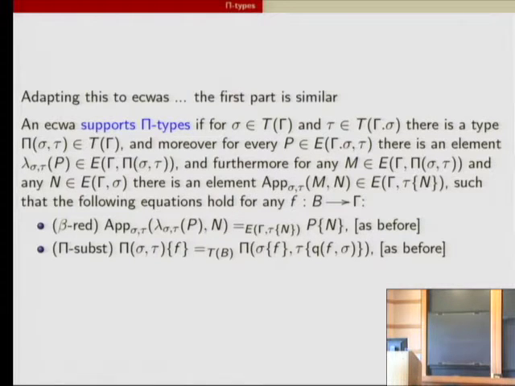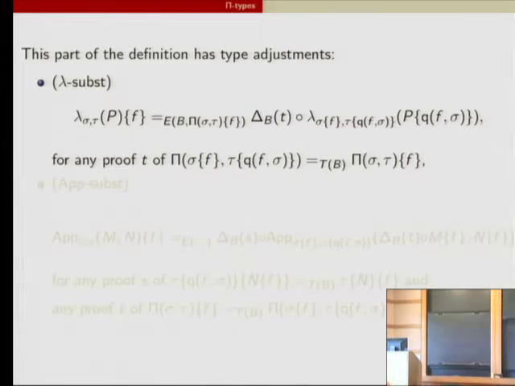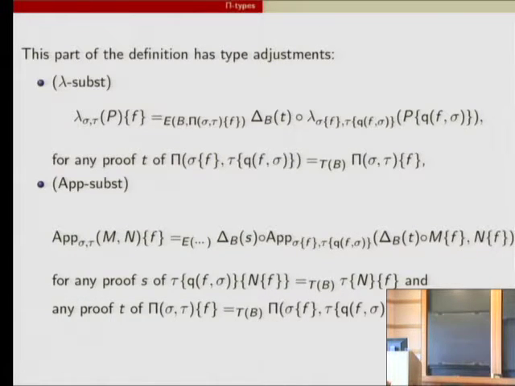And now if one just tries to type all this in the E case, we get a few of these deltas appearing in the coercions. So yeah, the first part is completely similar. But then comes lambda substitution.